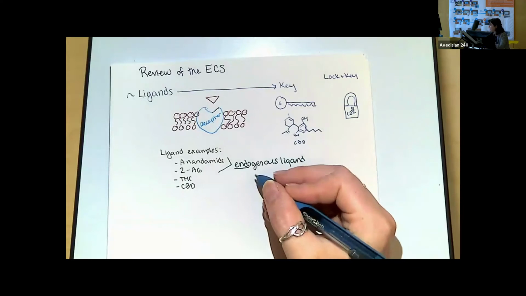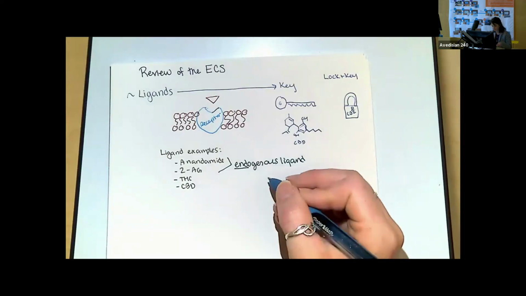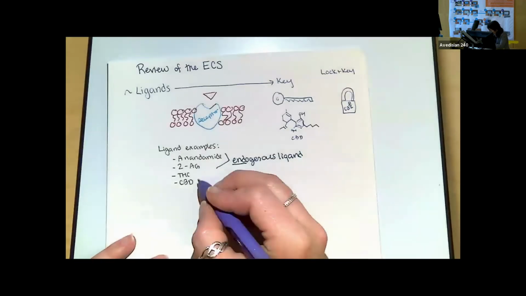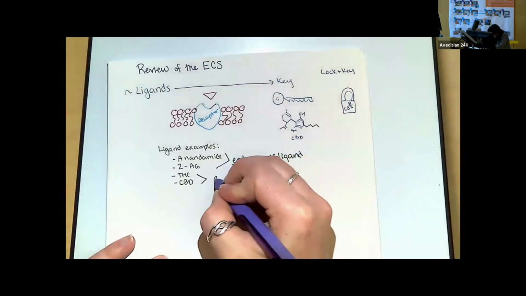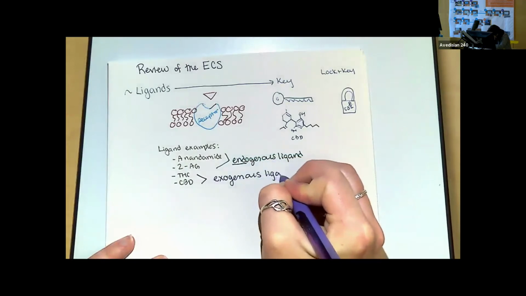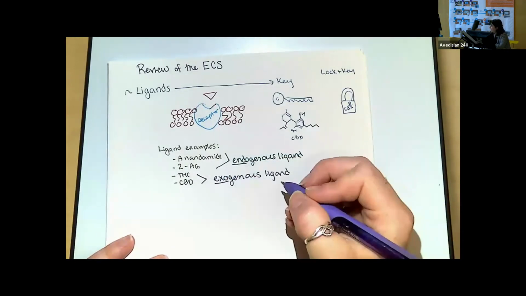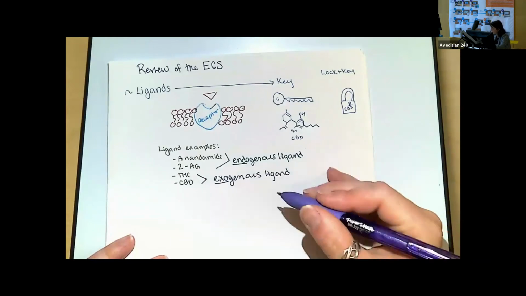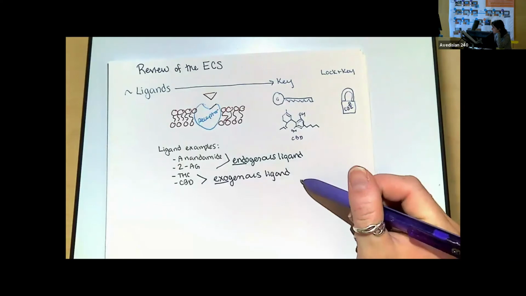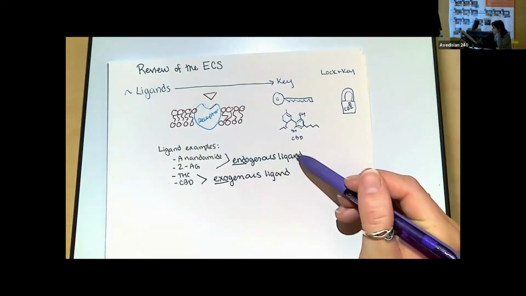Your body is actually making these molecules from other things that are in your body. And then you could call these your exogenous ligands, exo meaning from outside of the body, or just your phytocannabinoids and your endocannabinoids. So phyto meaning coming from a plant, endo meaning coming from inside of your body.